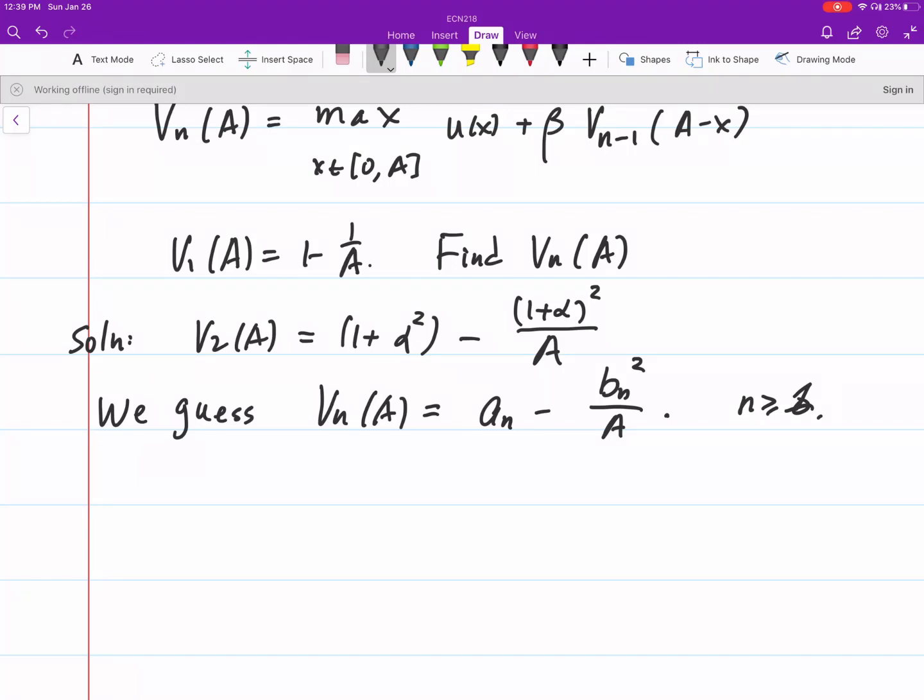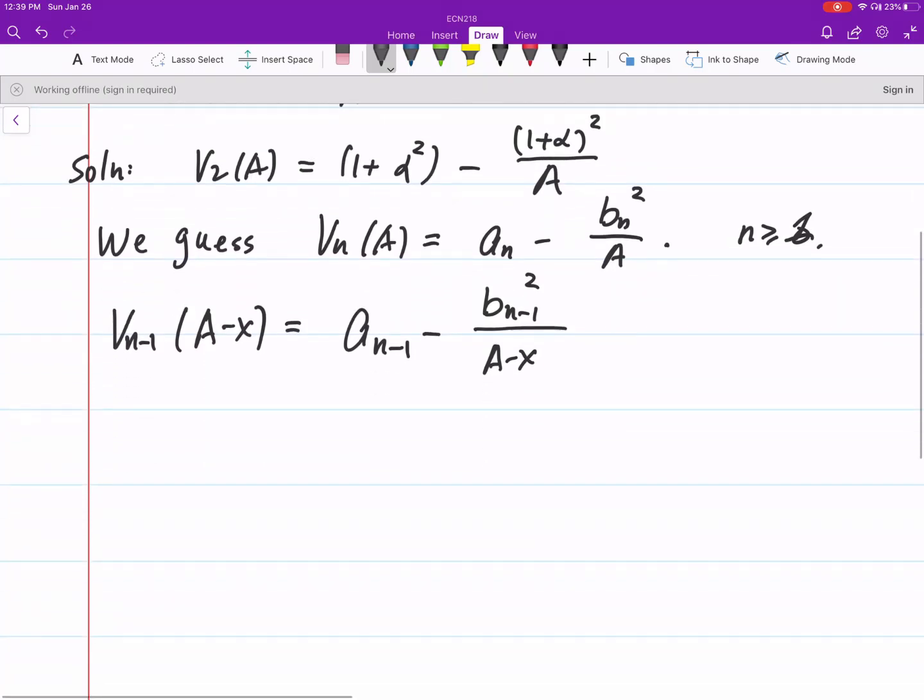We will plug in the form of Vn minus 1, so Vn minus 1 of A minus x, because that's needed in the formula. If this were correct, then we have An minus 1 minus Bn minus 1 squared over A minus x, right?